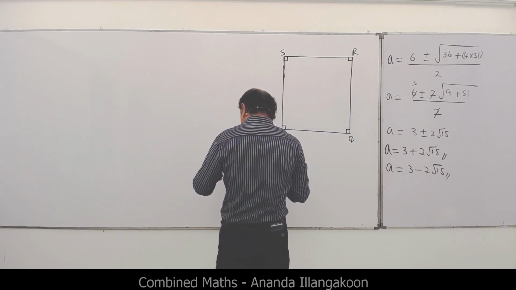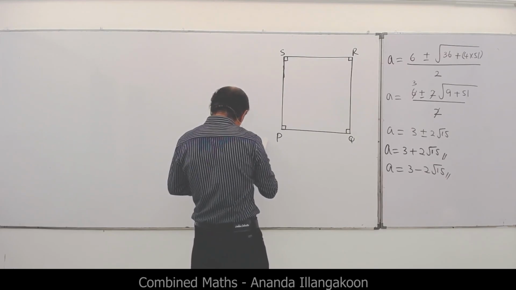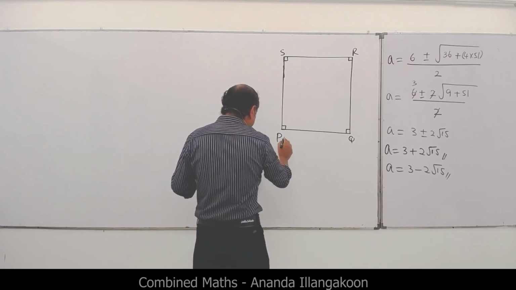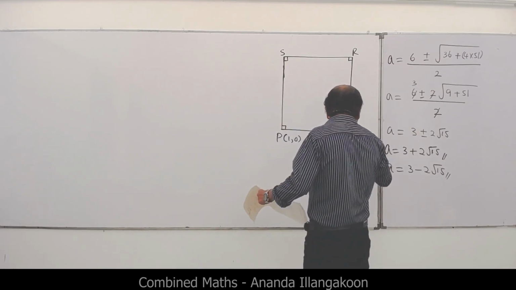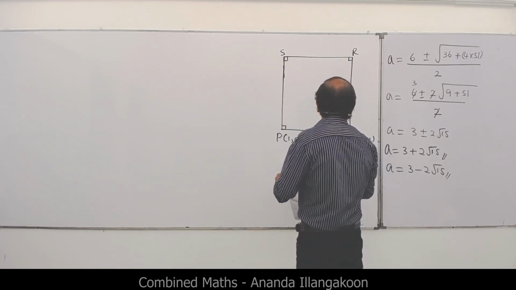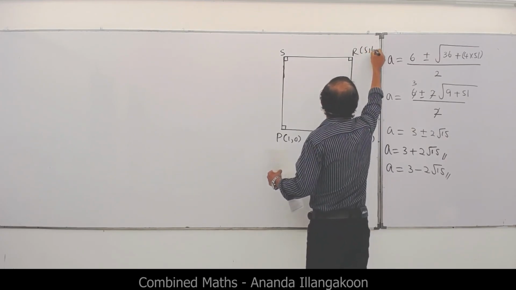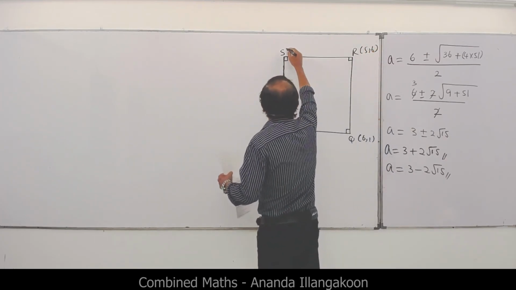P is given as (1, 0), Q (6, 1), R (5, 6). I'll take S as (x bar, y bar).